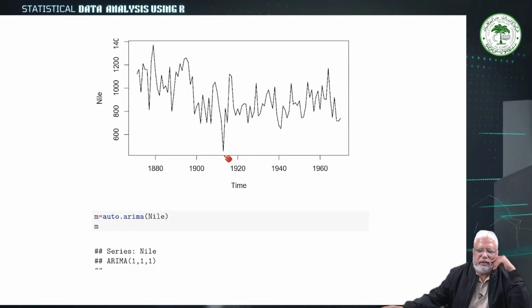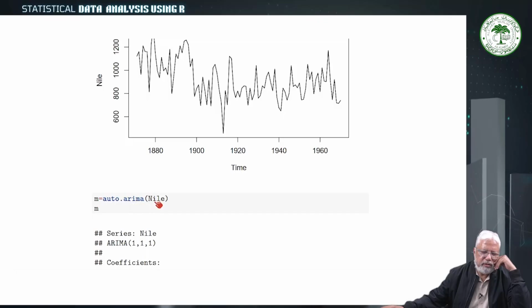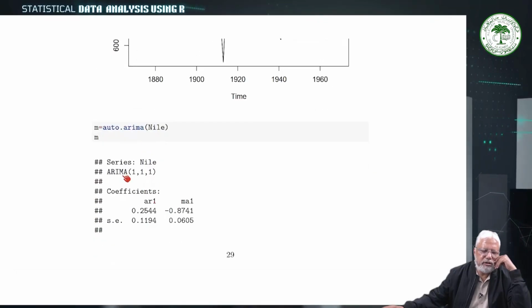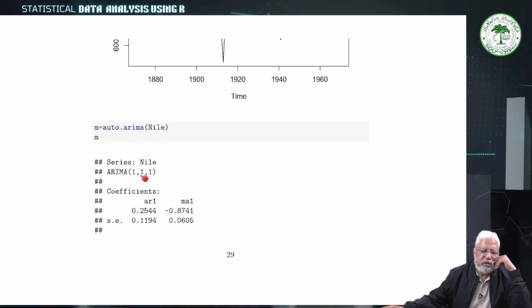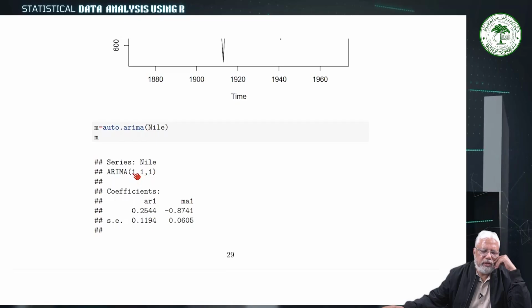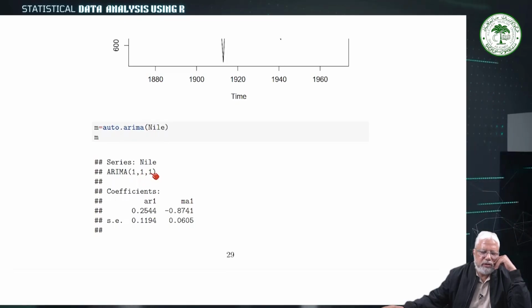This is the 1898 data. M is equal to auto.arima(Nile), and we see what model it suggests. It suggests ARIMA(1,1,1), that is, of order AR1, MA1, and with single differencing.